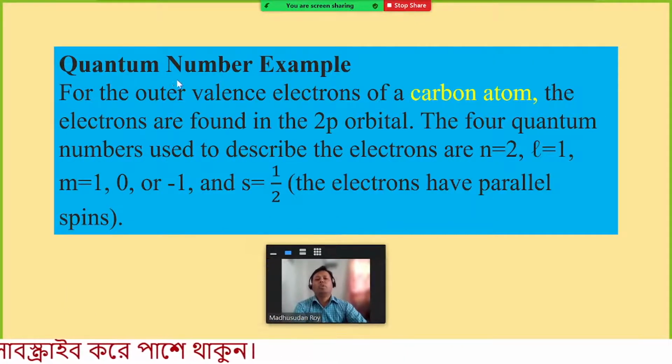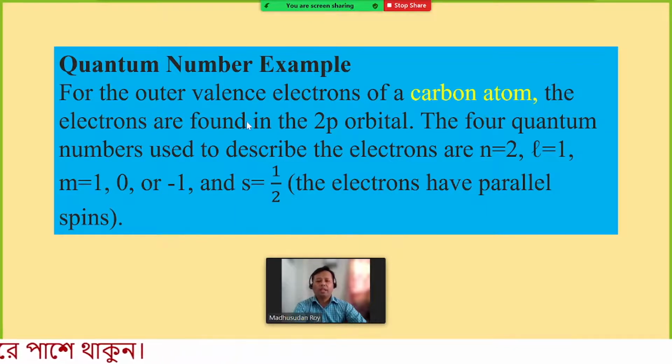Now an example for quantum numbers: the outer valence electrons of a carbon atom. For a carbon atom we know it has 6 electrons in total. The outer electrons are found in the 2p orbitals.